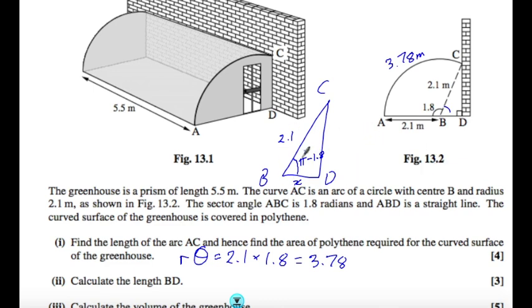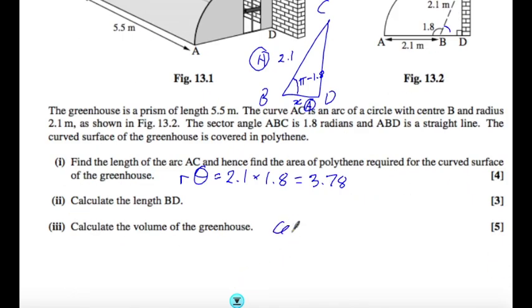So we can just do basic trig to work out this length BD. By basic trig I mean SOHCAHTOA. We've got the hypotenuse, we've also got the adjacent, so we can say that cos of pi minus 1.8 has to equal x over 2.1, in other words adjacent over hypotenuse.